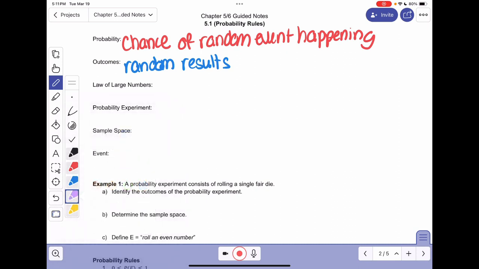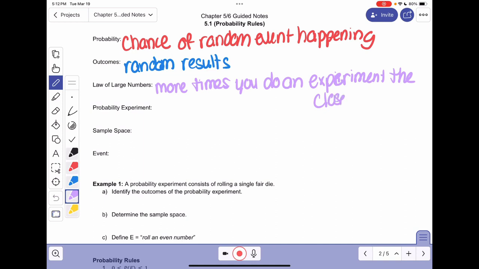The law of large numbers just says that the more times you do an experiment, the closer it will mirror the real probability.